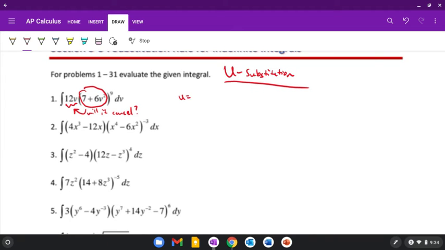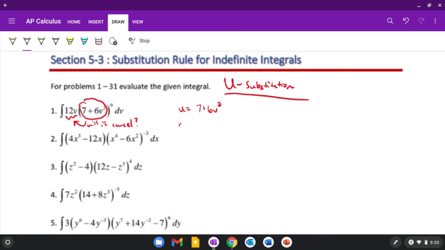Our u, as we said, is going to be the inside there, 7 plus 6v squared. Now, after we've chosen our u, the next thing we do is take the derivative of this. So we write du equals, and the 7 goes away, this becomes 12v, and we have to write dv, 12v dv.